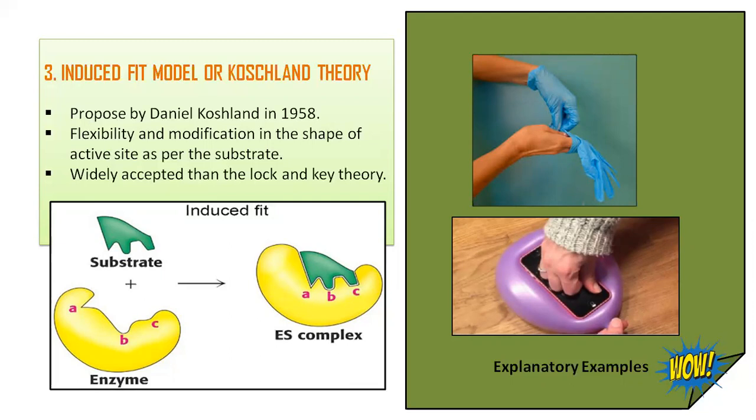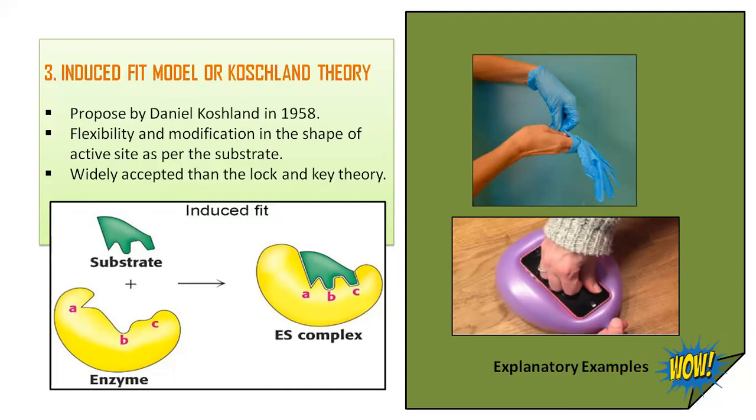Now concentrate on the other side. ES complex has been formed. Again, now concentrate on the structure of substrate. There is no change in the structure of substrate at prior as well as later state, but the enzyme active sites modify themselves as per the structure of substrate.